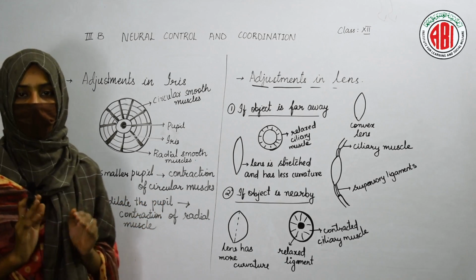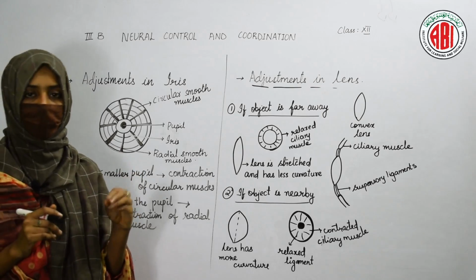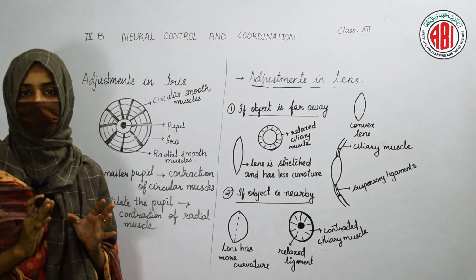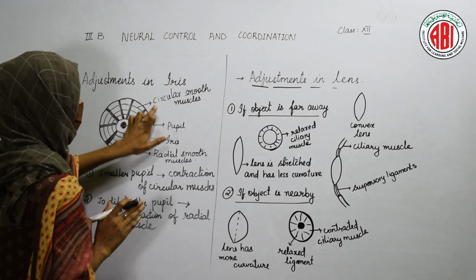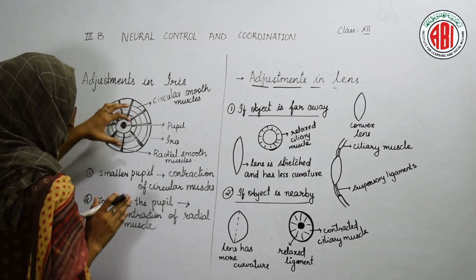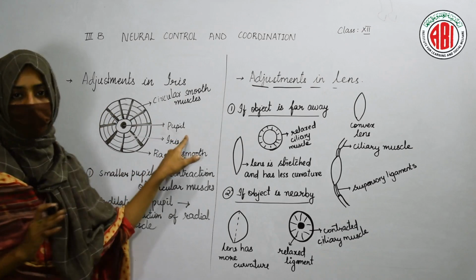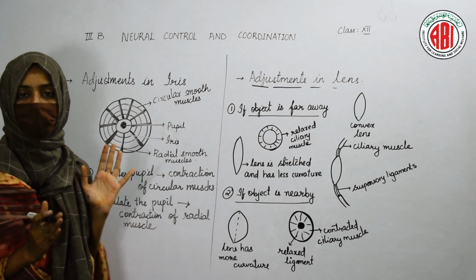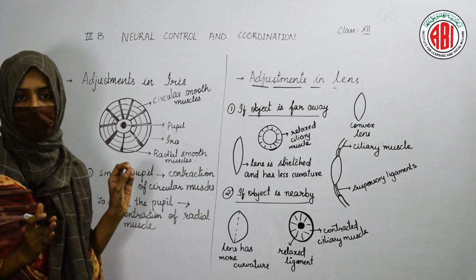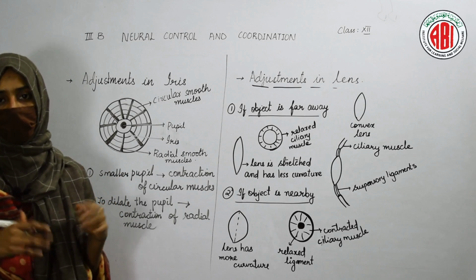When you enter a lighted room and try to see the different objects present in your environment, at that time the circular smooth muscles of the iris get contracted. Due to the contraction of the circular smooth muscles, the pupil gets smaller in size. So, the pupil gets smaller to visualize the different things in the presence of bright light.